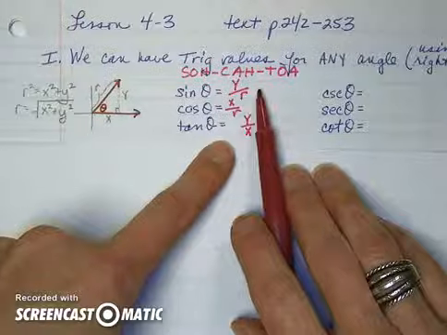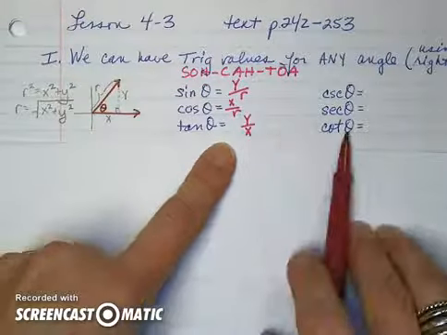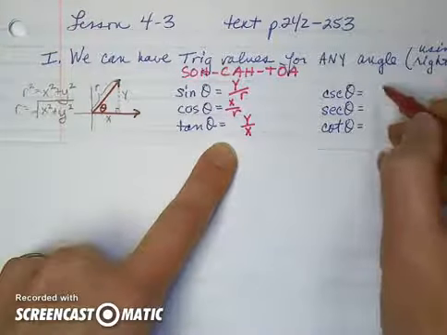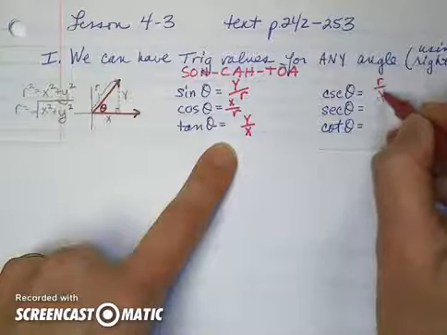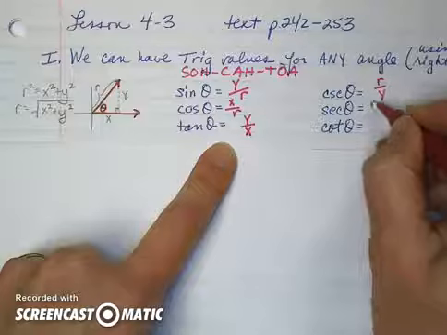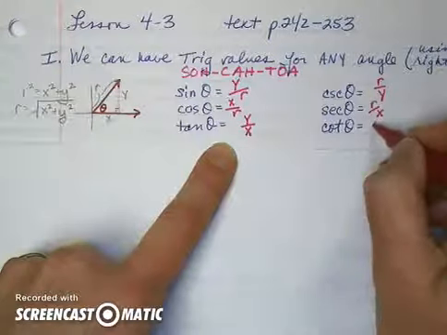The r's would cancel and I would have y over x. Now let's get the reciprocal functions. Cosecant would be r over y. Secant would be r over x. And cotangent would be x over r.